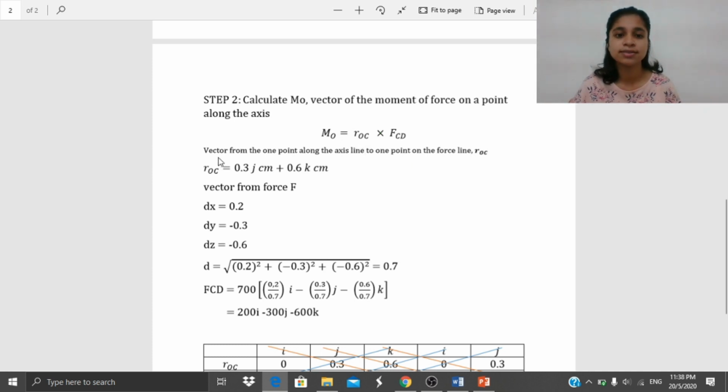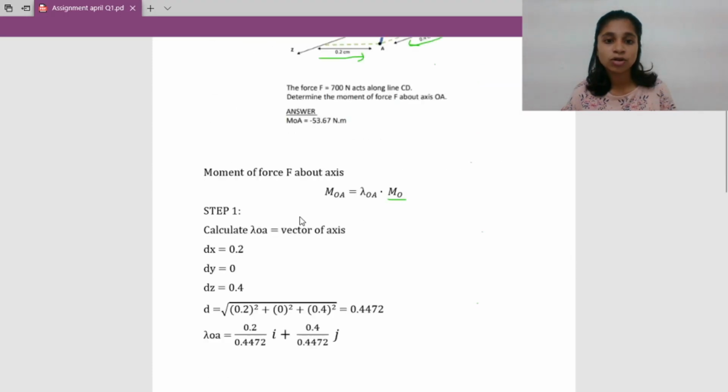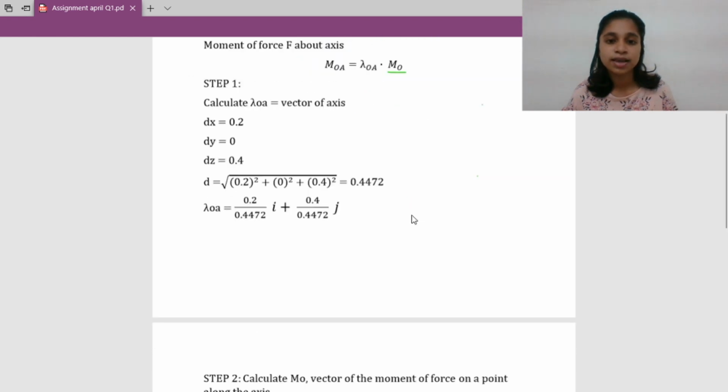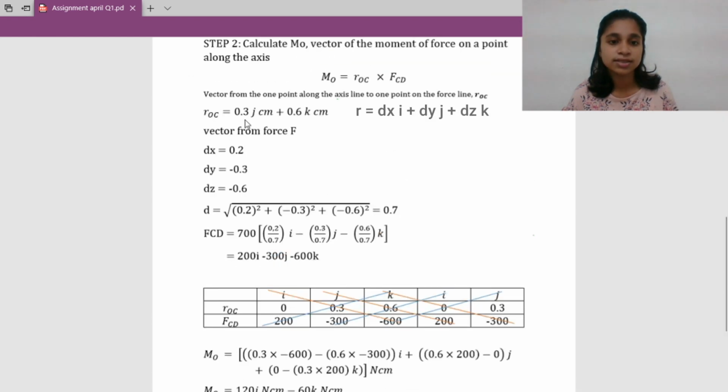ROC is the vector from one point along the axis line to one point along the force line. How to find the ROC is this is the ROC line. The dx is 0 while the dy is 0.3 while the dz is 0.4. Then we write it here, which is dy and dz.